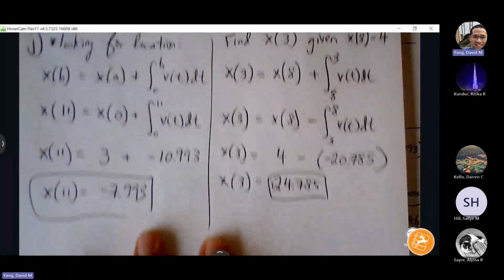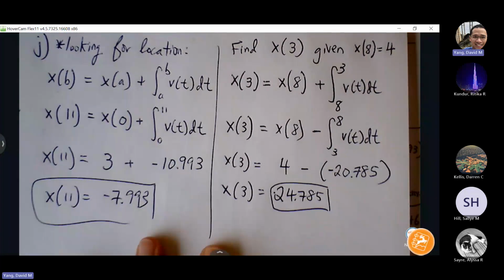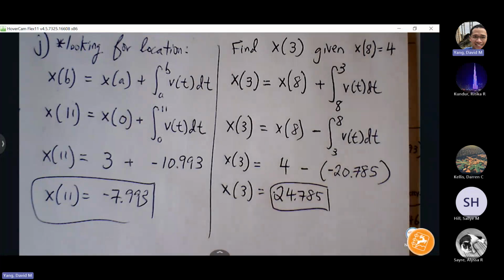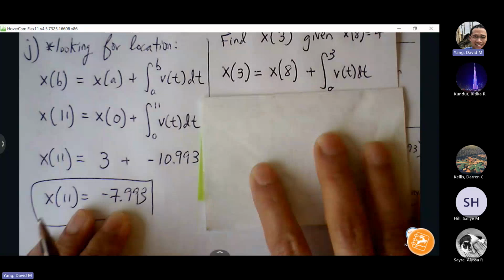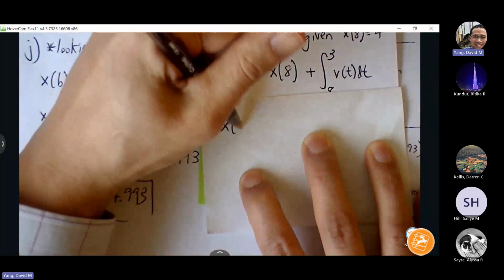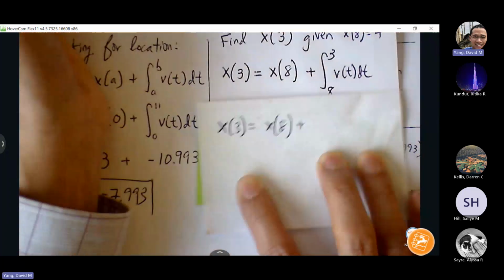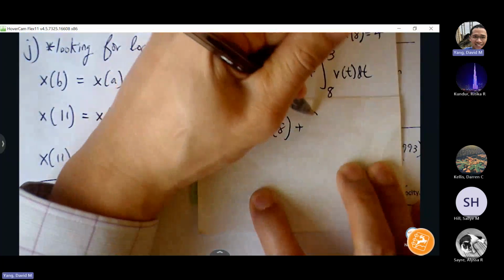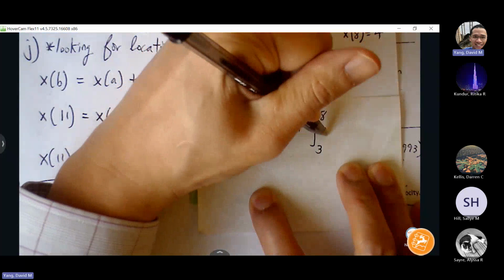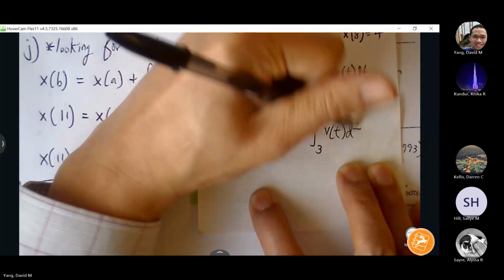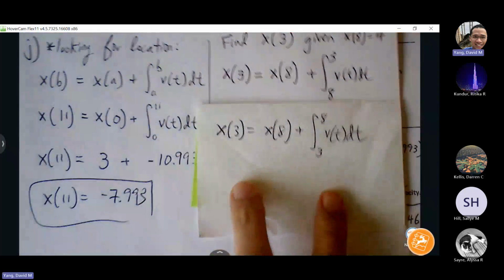Now, I do want to point out something that students make a mistake with. Sometimes students want to write it this way. Students would say, oh, okay, x of 3 is equal to x of 8. I want to go from smaller to larger, so they do this. And what's wrong with this?